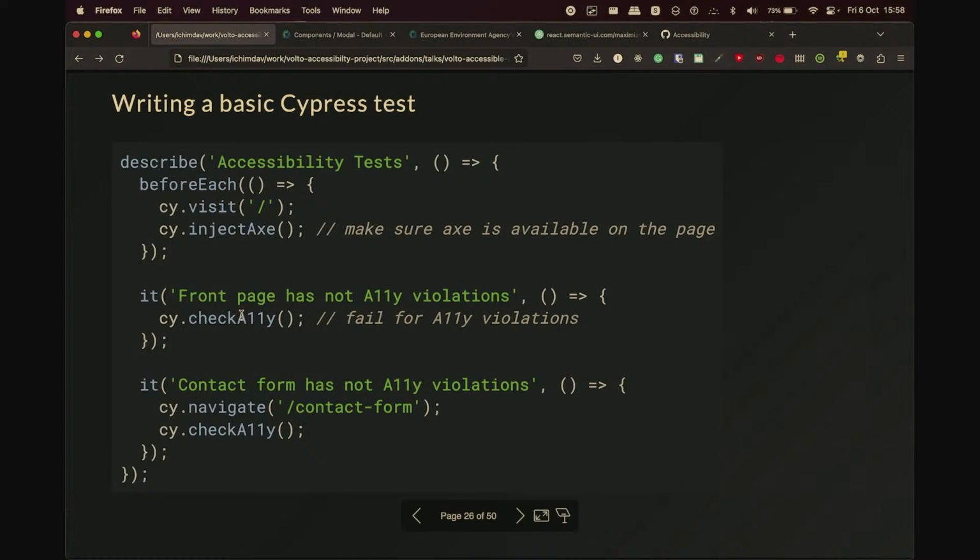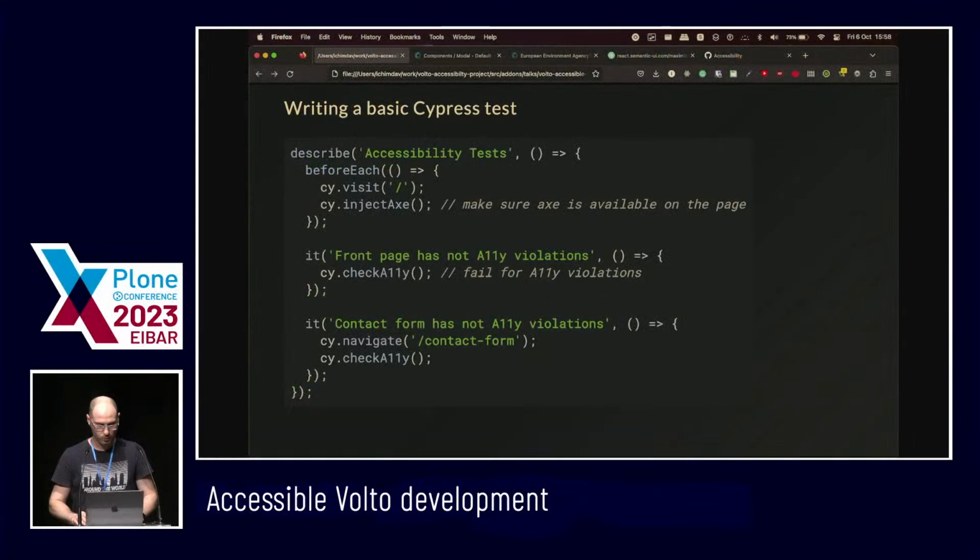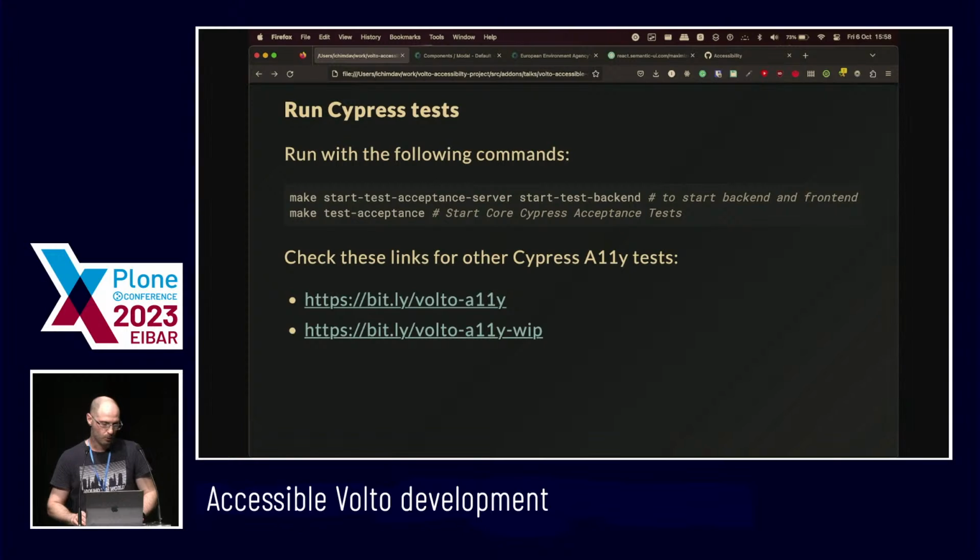That way, whenever you get to the actual testing, you don't need to repeat the injectAx command. And then you can navigate to a page, and you can tell it to check for any accessibility issues. And a little bit later, I will also show you an actual demo.